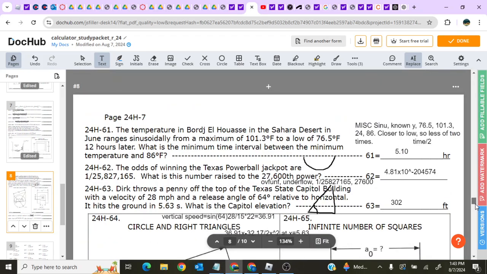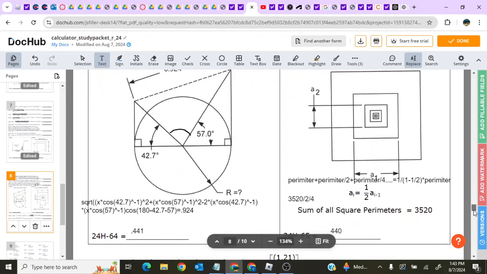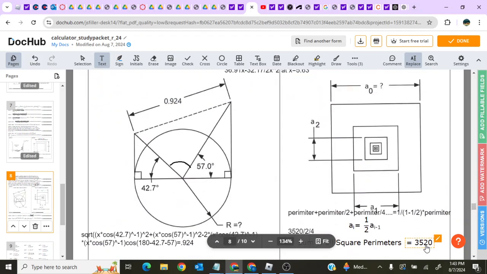Okay, you're given an infinite number of squares. The sum of the square perimeters is 3,520, and each side length is 1/2 of the previous side length. So the perimeter is 4 times the side length. If you assume the side starts at 1, the perimeter is 4 plus 2 plus 1 plus 0.5, etc. So that's a geometric series.